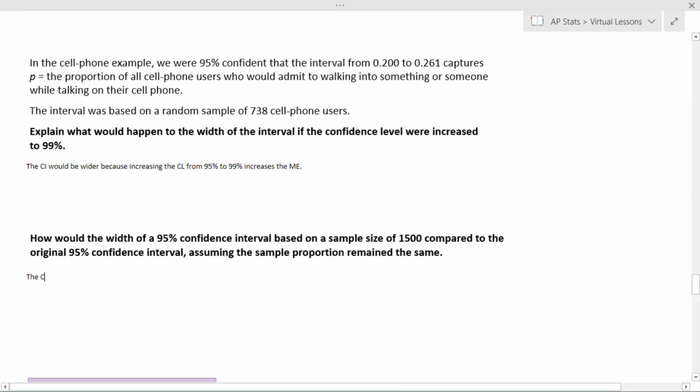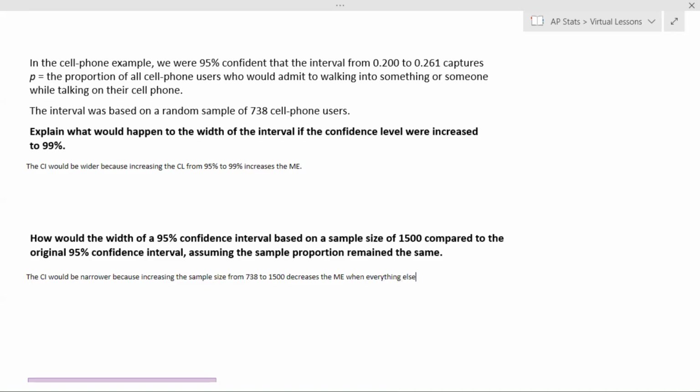So the confidence interval would be narrower because increasing the sample size from 738 to 1500 decreases the margin of error when everything else stays the same.